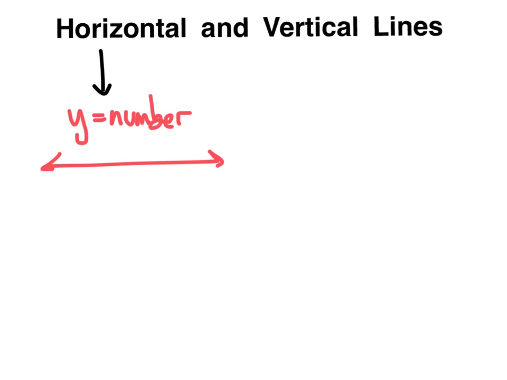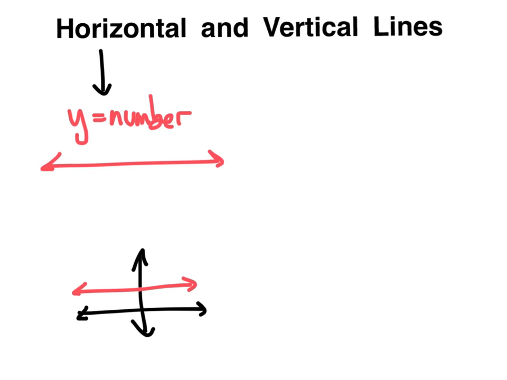All right, let's take a moment to talk about horizontal and vertical lines. Horizontal lines are always going to be of the form y equals some number. Okay, and horizontal lines are flat. So on a graph, that would look like this.